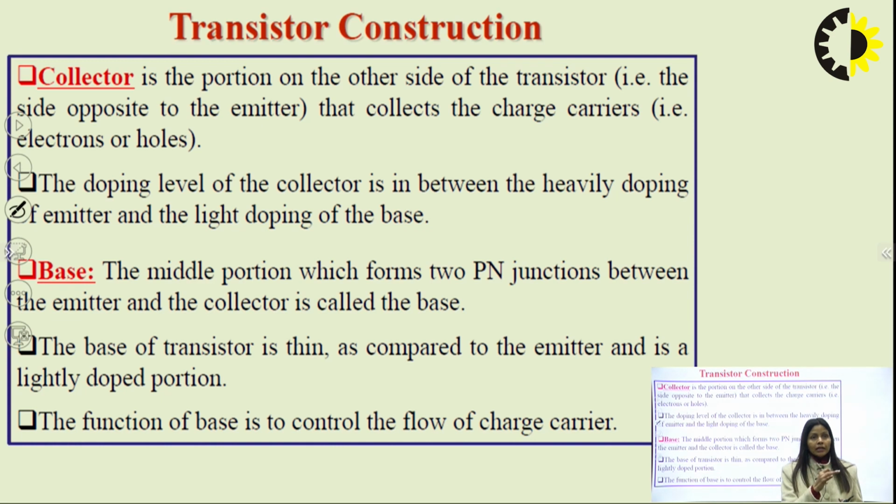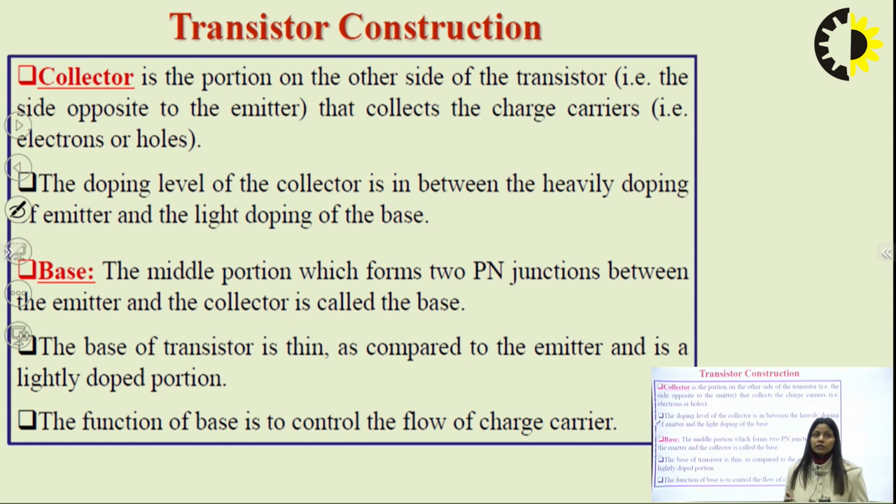So the doping level of the collector is less than the emitter region but greater than the base region. This point should be clear, and it is important also. Similarly, if I talk of the width of these three regions, the emitter width is the highest, then the collector width, and the least is for the base region.